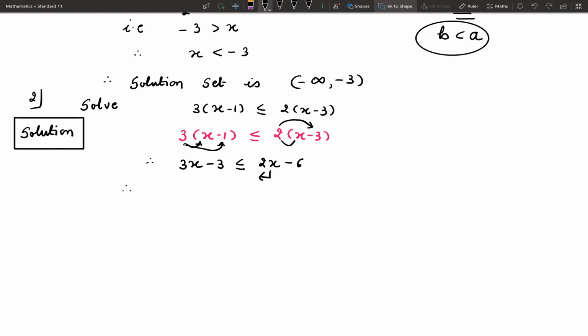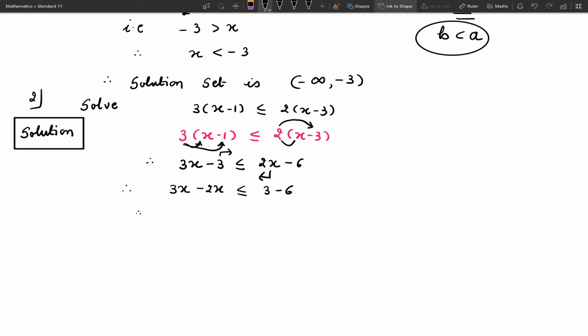So 3x minus 2x, and at the same time we transfer this term to the right hand side, so it will change the sign. 3 minus 6, 2x from right hand side to left hand side, so the sign is changed. 3x minus 2x, minus 3 transferred to the right hand side, or you can use the additive inverse of minus 3, that is add plus 3 on both sides.